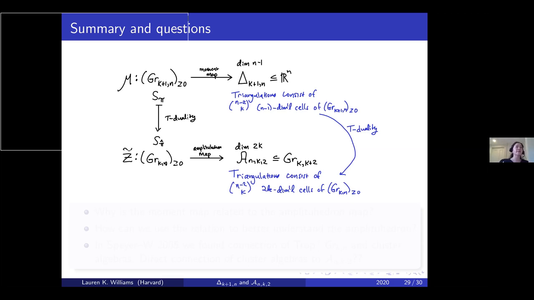And on the other hand, we have the amplituhedron map from a related Grassmannian of k planes in n space to the m equals 2 amplituhedron. And there are triangulations of both of these objects, which consist of n-2 choose k cells. And T-duality seems to be the link between these two constructions. It seems to precisely map triangulations of the hypersimplex to triangulations of the amplituhedron.